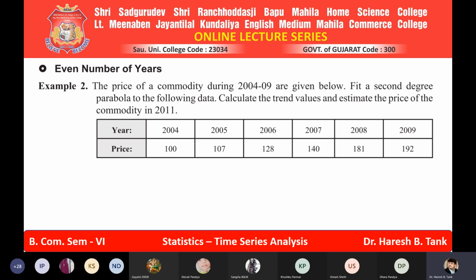The price of a commodity during 2004 to 2009 are given below. Fit a. Sir, second degree. Yes, do you share the slide? The slide is already there on screen. Yes, sir, we can see. Is there any issue regarding viewing the slide? No, sir.